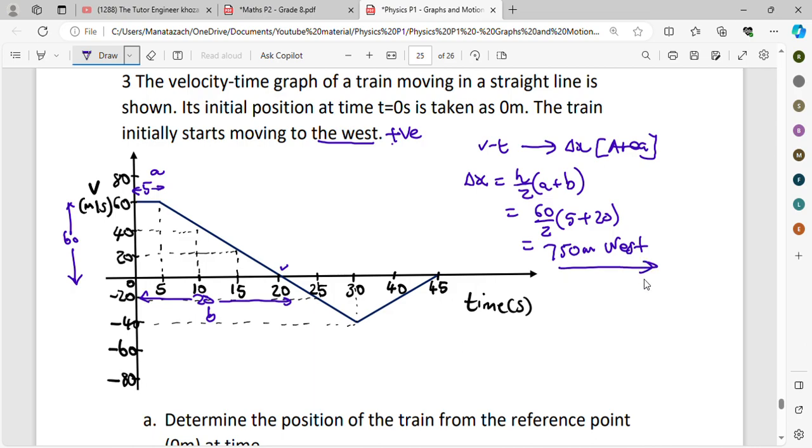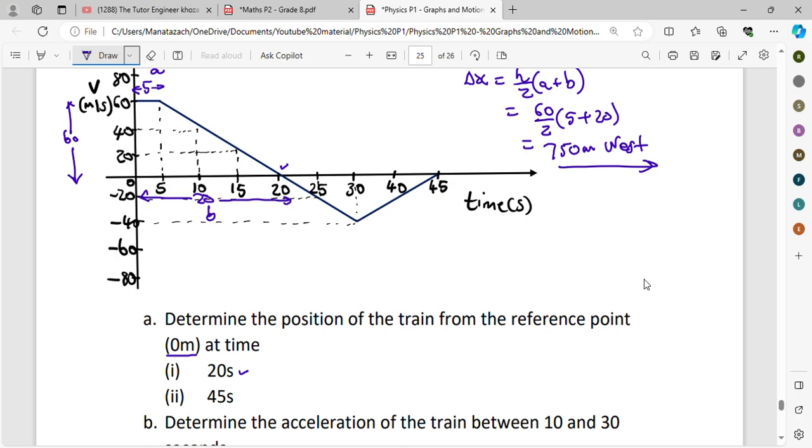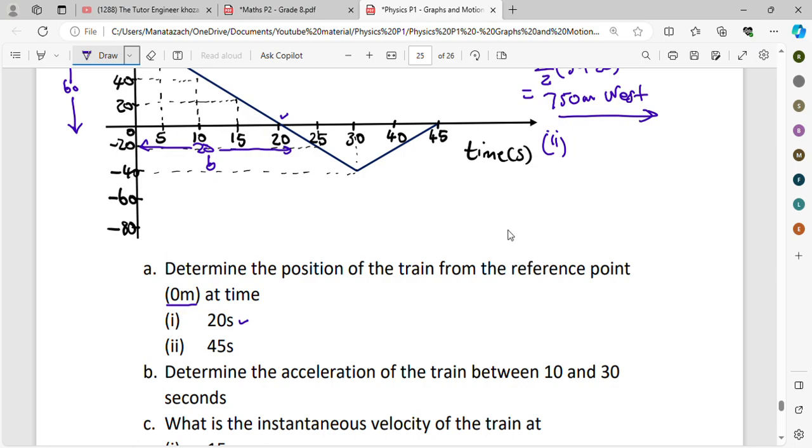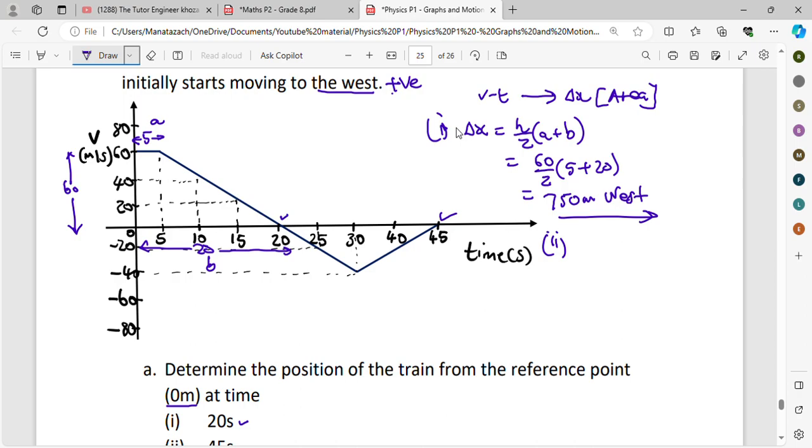Okay, now let's go to Roman figure 2. This was Roman figure 1. Now let's do Roman figure 2. We need to calculate the displacement at 45 seconds. We will work out this area, in fact it's one triangle.